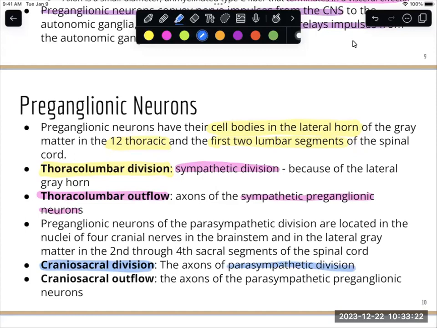So we only can get parasympathetic fibers if these axons come out of the cranium or the sacrum. Sympathetic are only going to come out of that thoracic. That's what I was looking for, because thoraco wasn't right. Thoracic and lumbar areas will give us sympathetic.